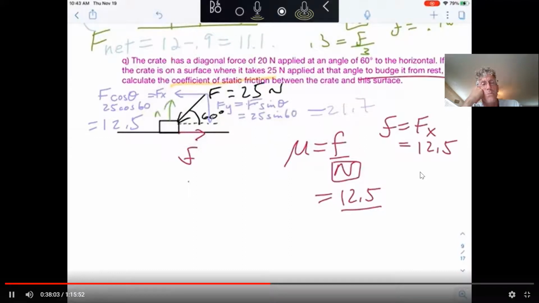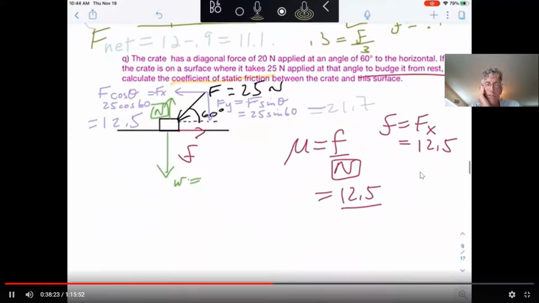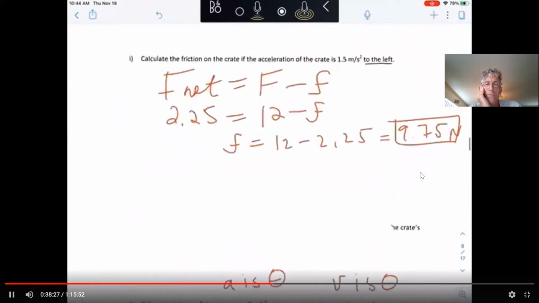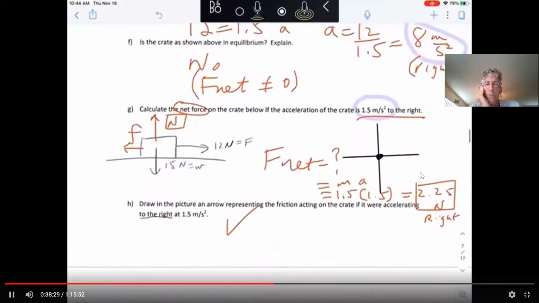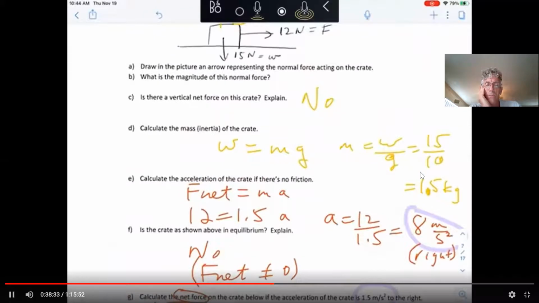We've got the normal force pointing up and the weight pointing down. All the arrows that point downwards have to equal the arrows that point upwards, so be careful and look at it carefully. I'm finding the weight, I guess, 15 newtons.